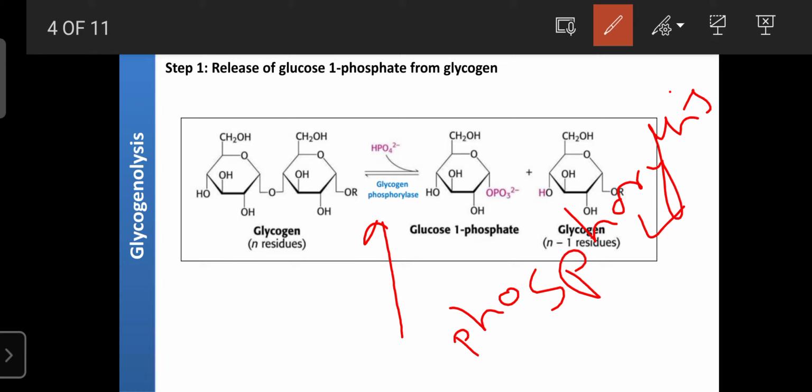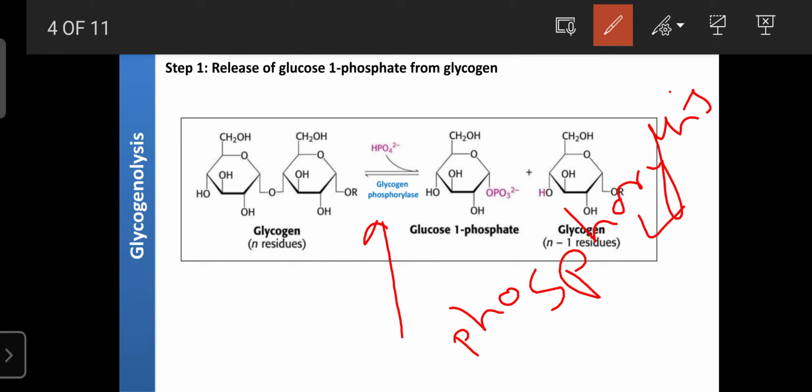So it differs from hydrolysis, but is similar to it. The only difference is that instead of water, the phosphate group is added. Then the process is the same.